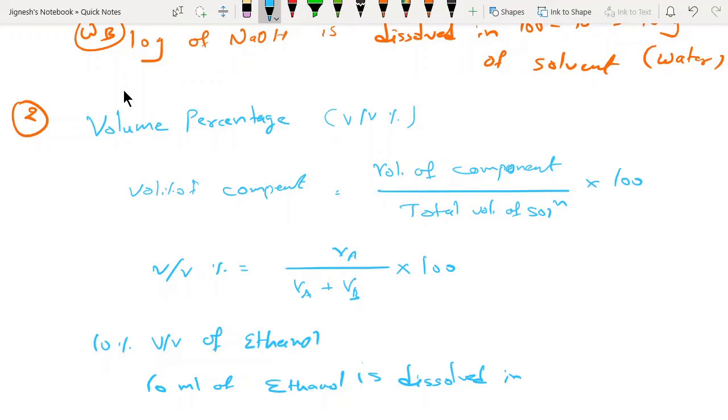So 10 ml is dissolved in 100 ml of solution. Now this is the volume of solution, so this will be the volume of B, the other component. Then 100 minus 10 gives 90 ml. And this 90 ml is the volume of solvent. So guys, this is the way we can have it.